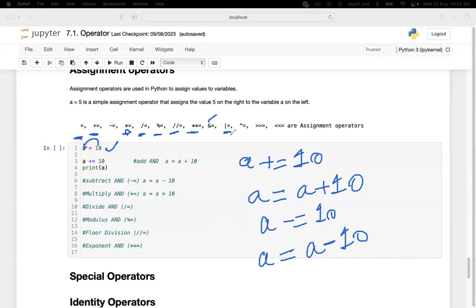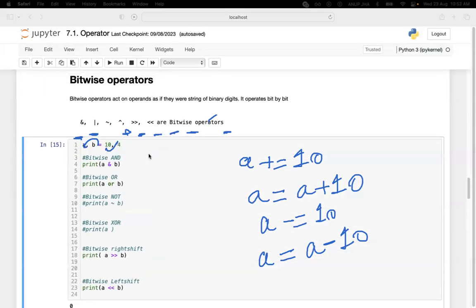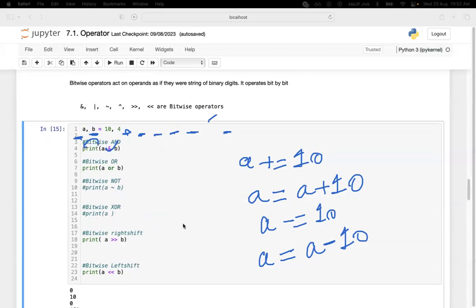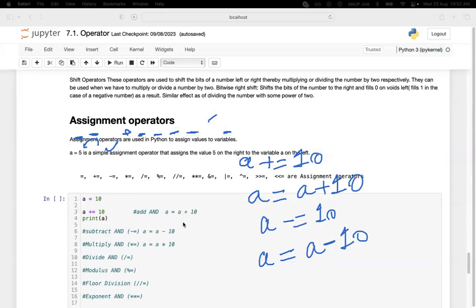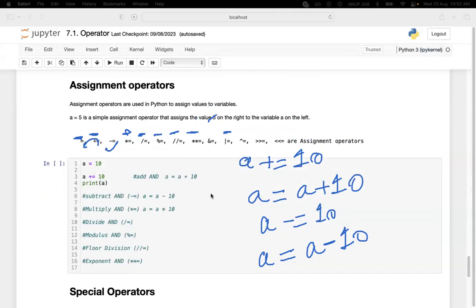And this symbol is called XOR. XOR equal to.